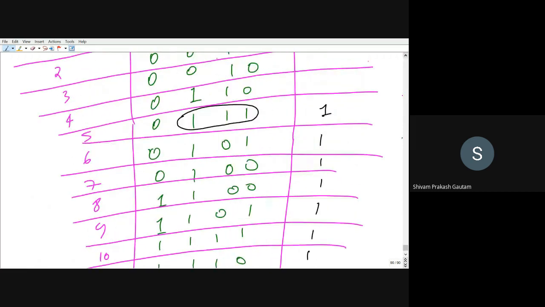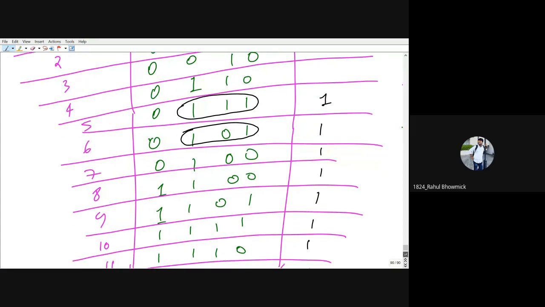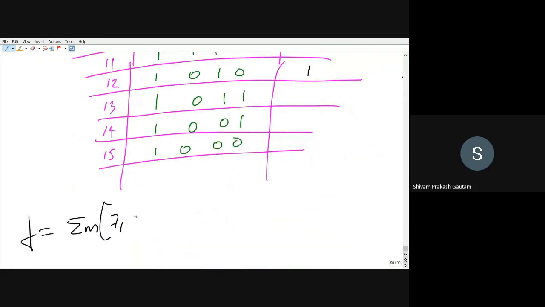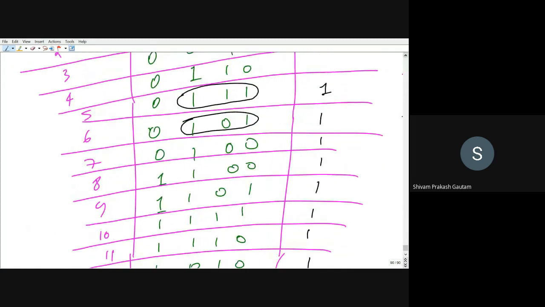Then this one, this is equivalent of what? Am I audible? 5. Similarly, you can see this is equivalent of 4.